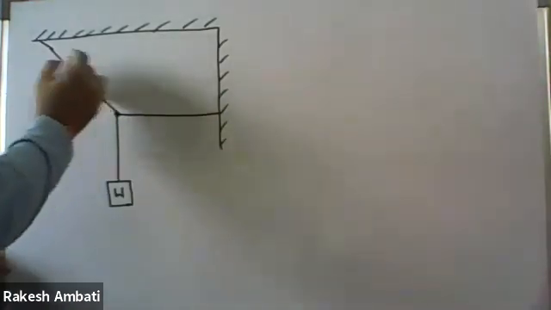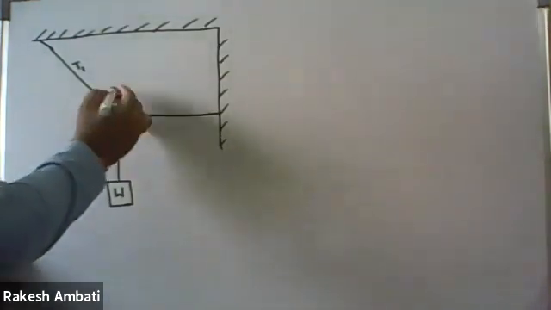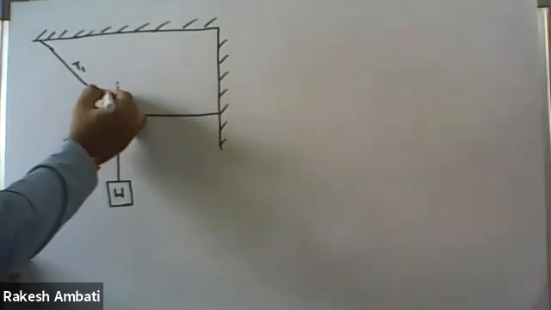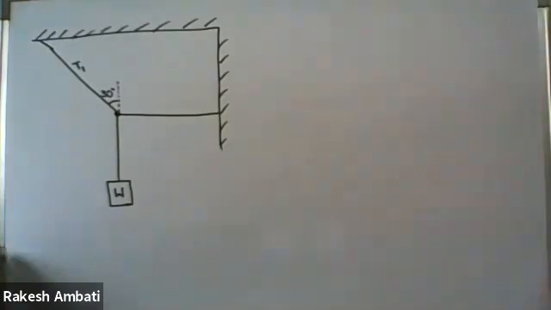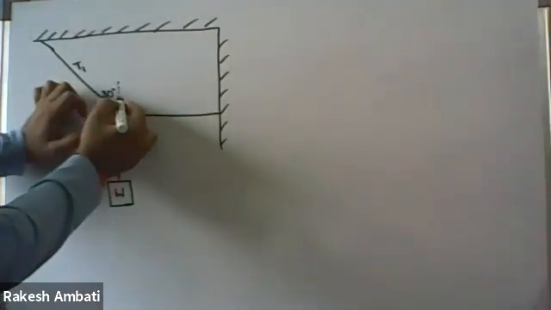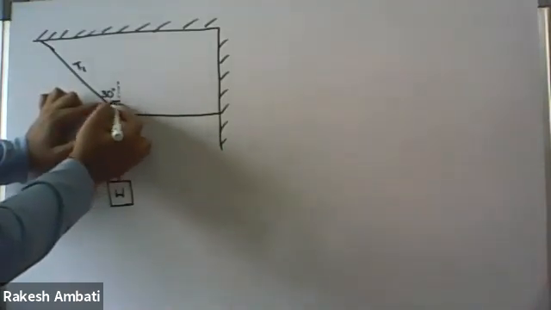Here T1 is the tension force in the string, and in the question this angle is given as 30 degrees. So it is 30 degrees, it is 90 degrees, so totally 120.